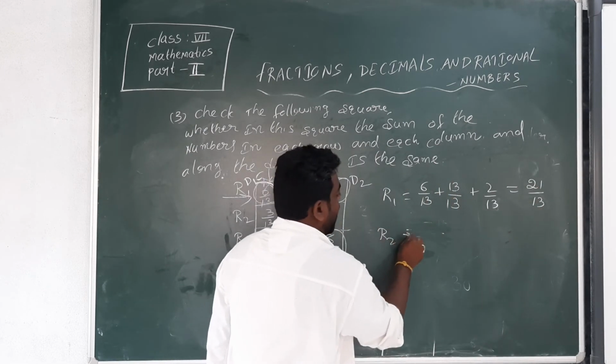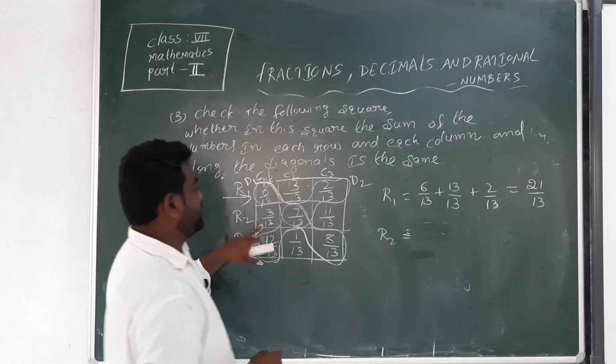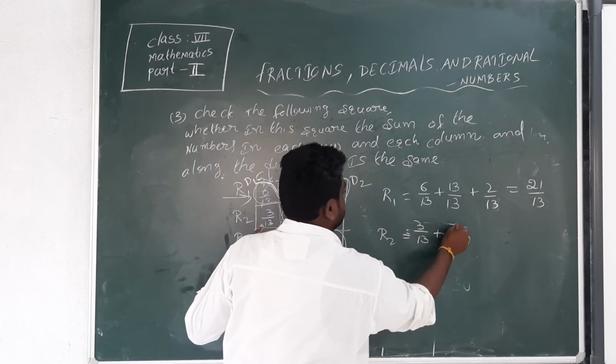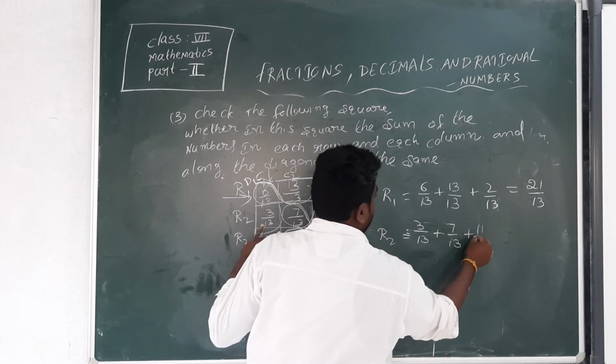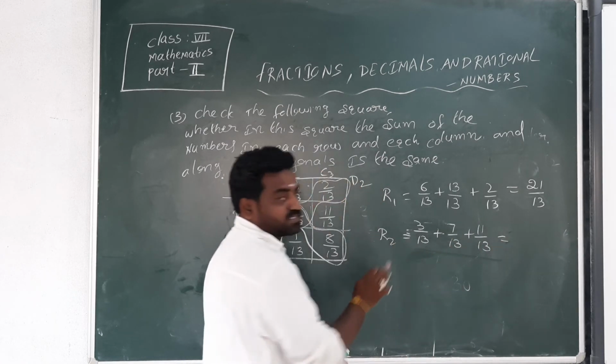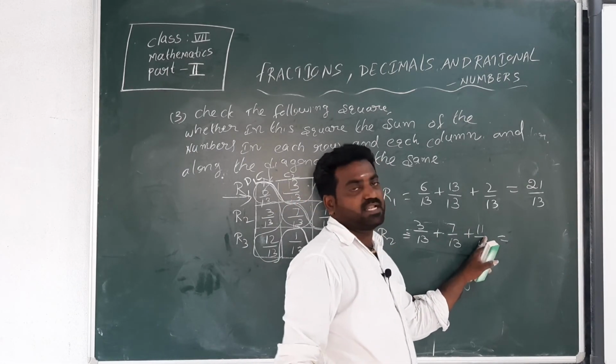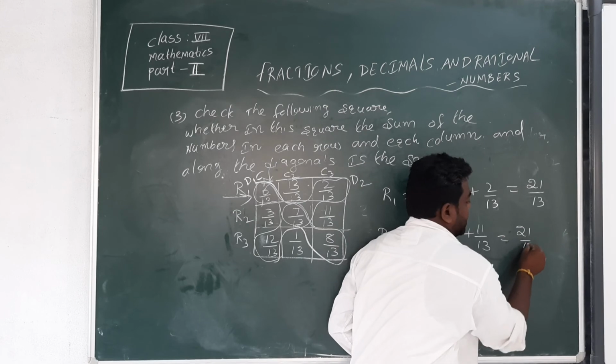Next R2: 3 by 13 plus 7 by 13 plus 11 by 13. 3 plus 7 is 10, 10 plus 11 is 21 by 13.